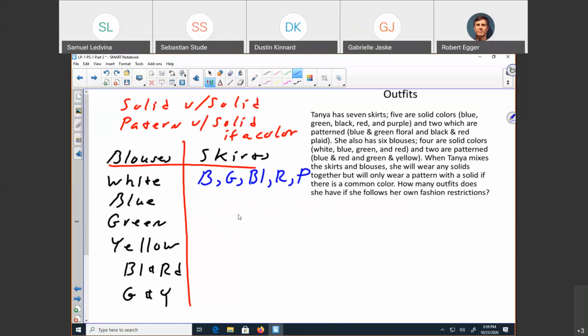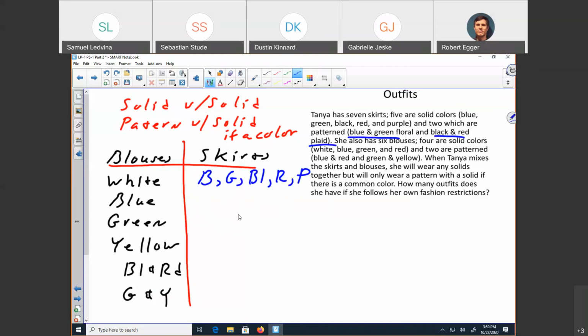So with a white blouse, she can match it with the 5 solid skirts. And let's check on the florals, the skirts that have color. None of them have white, so none of those apply. So with the white blouse, she will not have any patterned skirts.